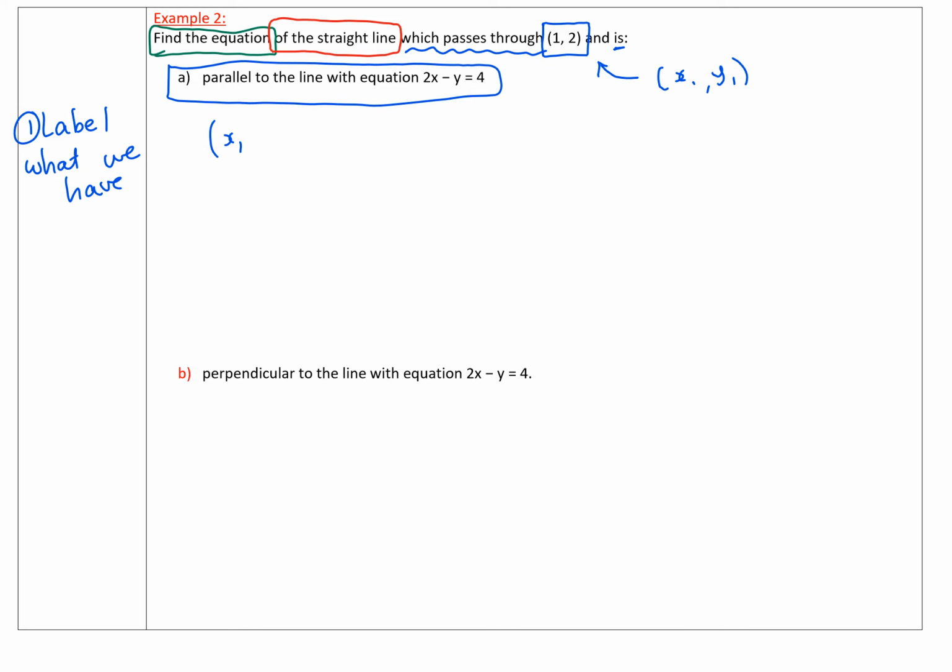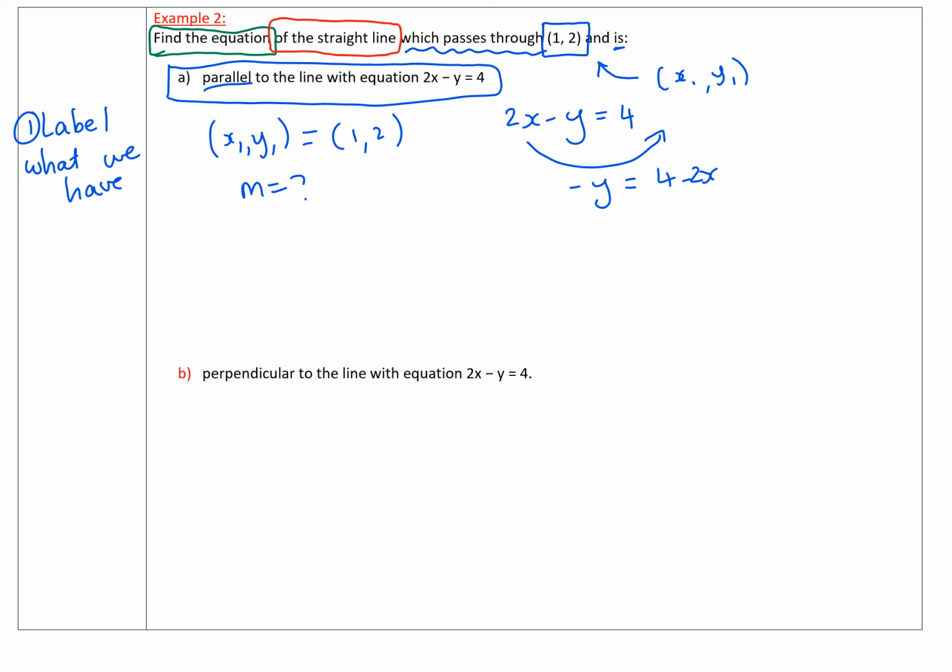So I have an x1, y1, which we know to be 1, 2, but I don't know what my gradient is. I do know that it's parallel to 2x minus y equals 4. So let's find the gradient of this other line, 2x minus y equals 4. If I subtract 2x from both sides, minus y equals 4 minus 2x.